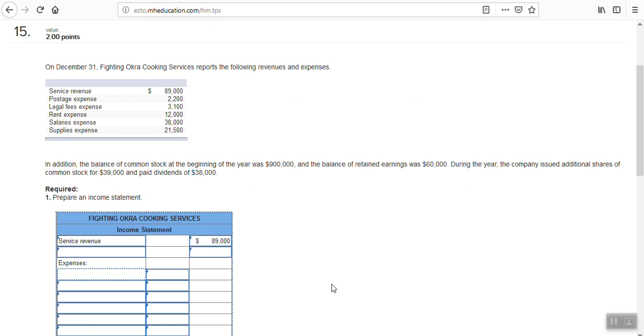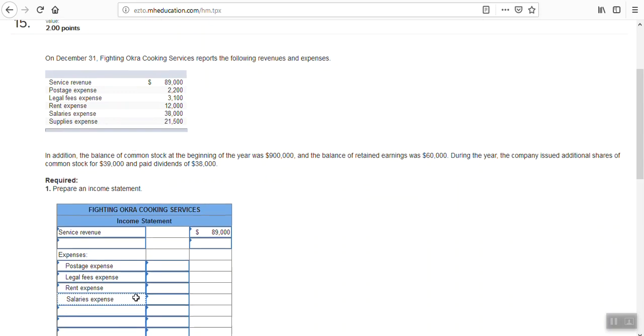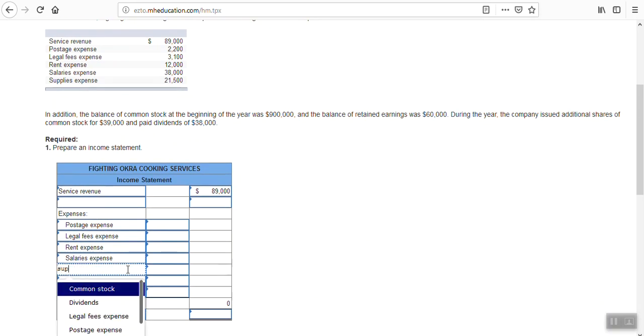So then we're going to list our expenses. We got postage expense, and legal fees. And rent. Salaries. And supplies. So I'm just going to transfer those numbers down.